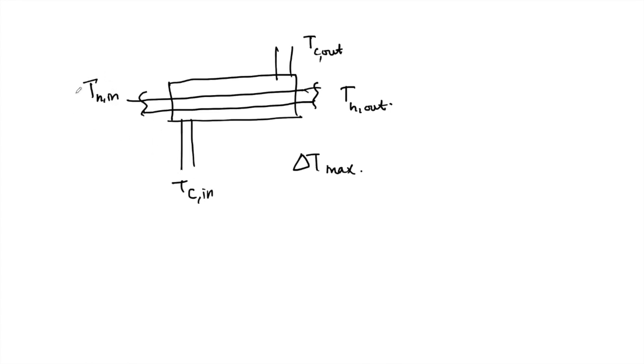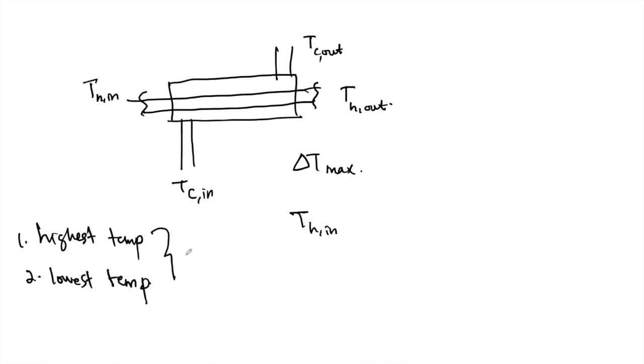We know the inlet temperature TH in is the highest temperature in this system, right? We have to take the highest temperature, and the other one is the lowest temperature. This will give us the delta T maximum.